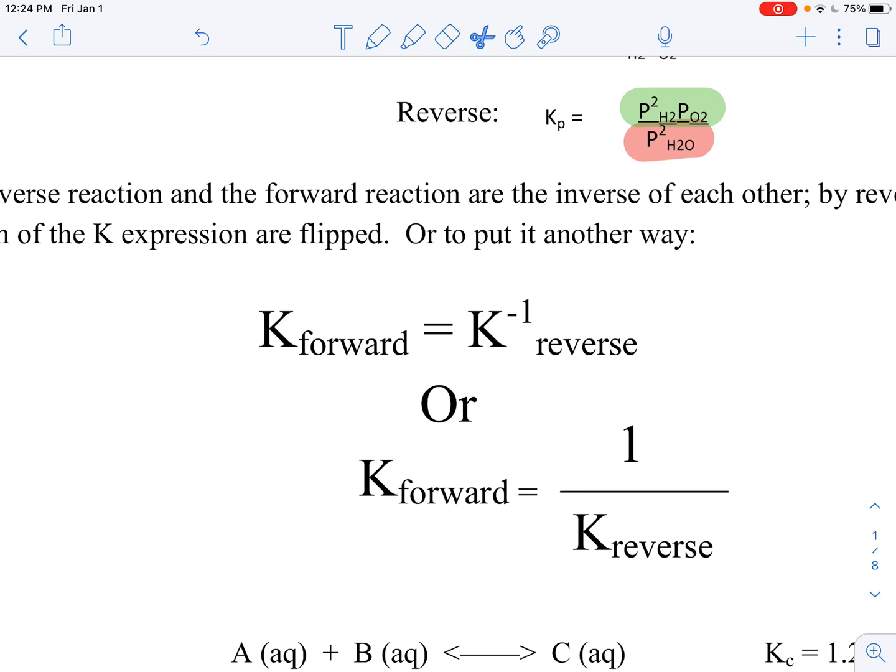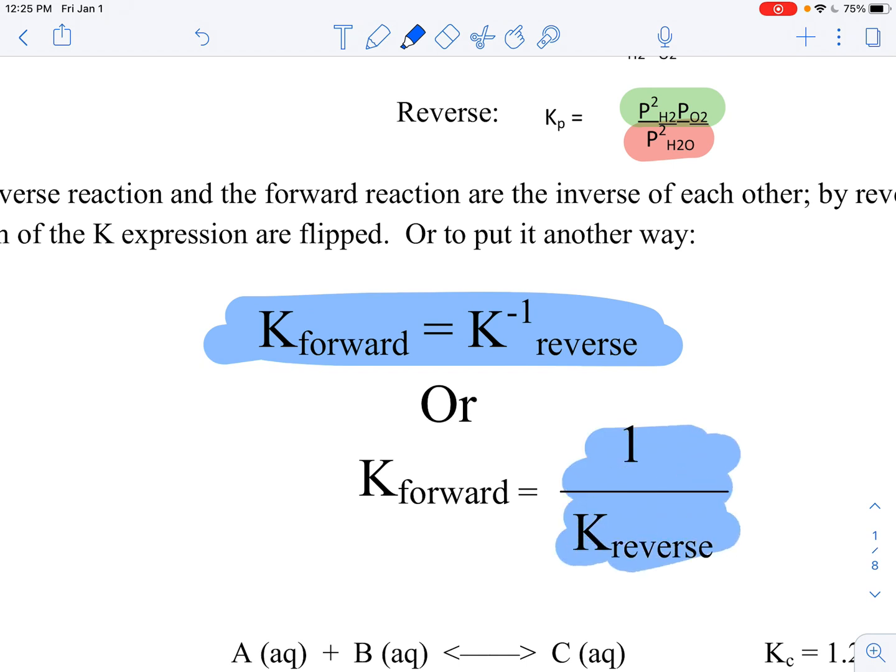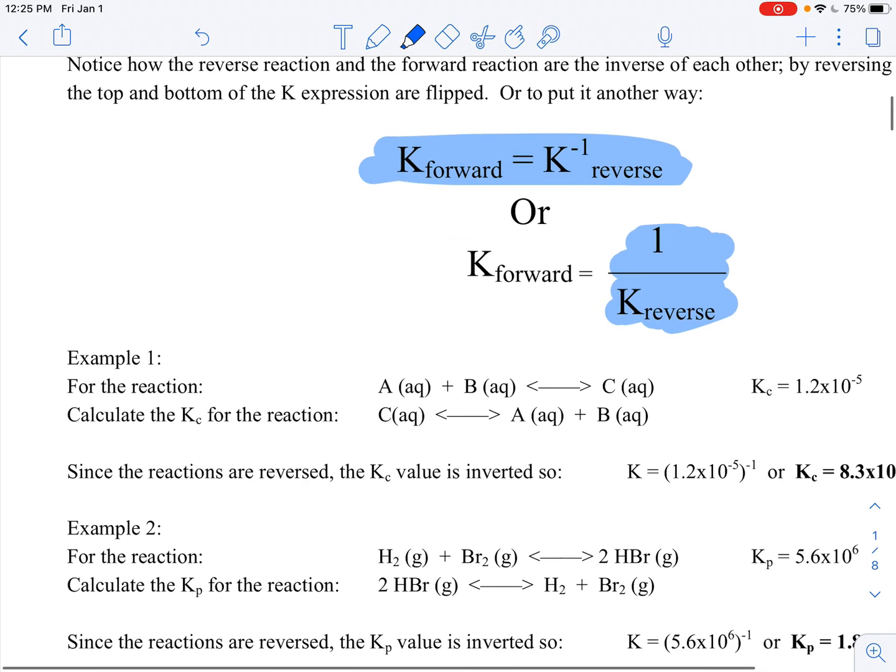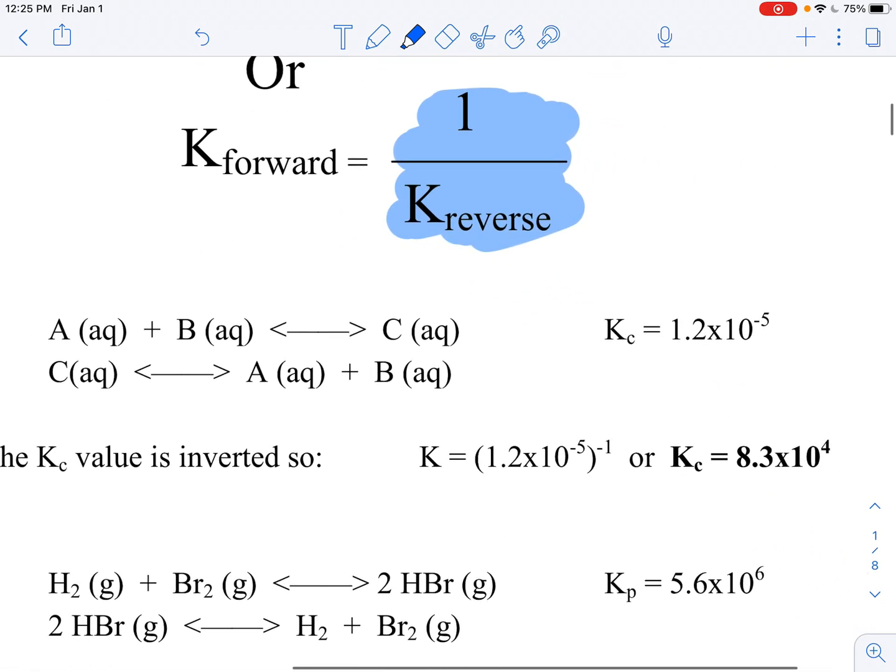And so K of the forward reaction is going to be equal to K of the reverse reaction inverted. So if you have to flip an equation, you no longer put a negative sign, you invert your K value in order to keep pace with the mathematics of everything.